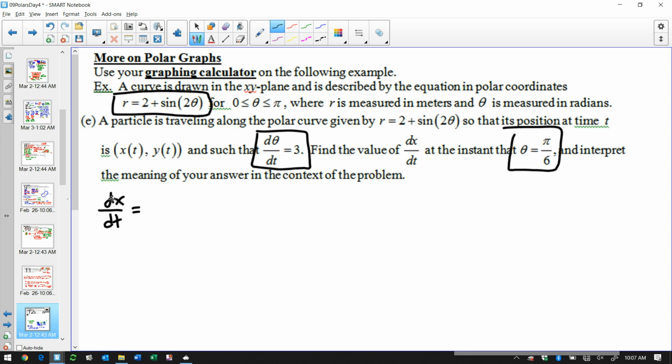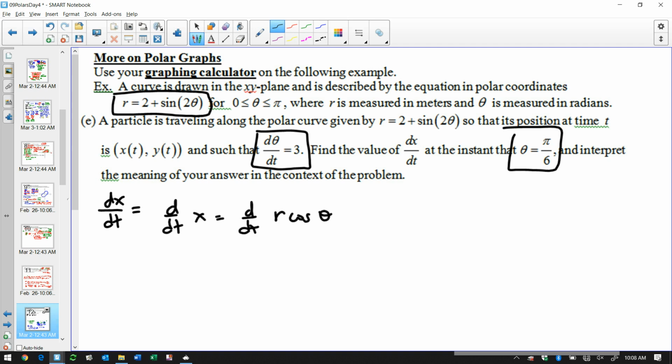What is dx dt? Okay, my problem is I'm looking at this and I'm like, what x? There is no x. Or is there? How does x correlate to r's and thetas? d dt of x, which is d dt of r cosine theta.